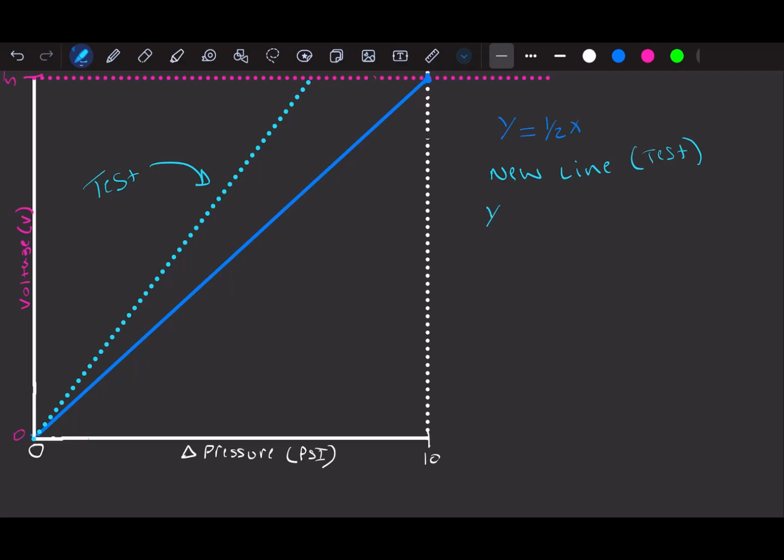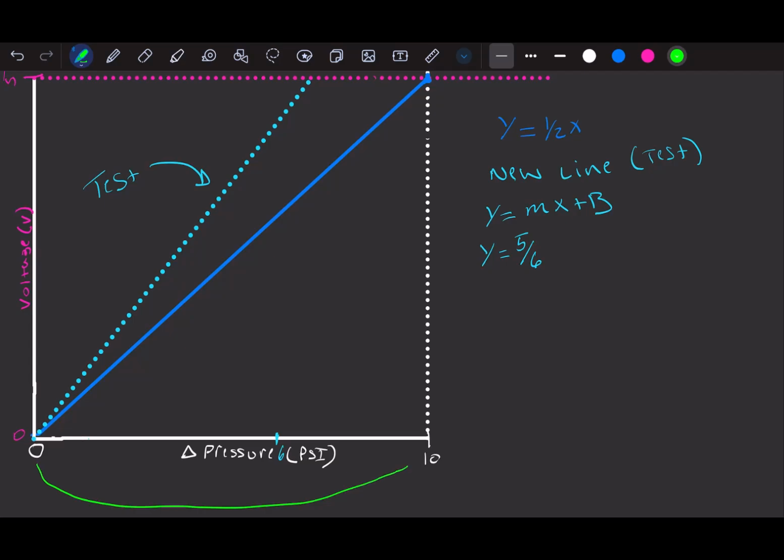In this case, again, it's still linear, so it's still y equals mx plus b. But let's just assume that this lands somewhere out here at about a pressure value of 6. So for our new line, we have y equals 5/6 x. And you will notice that this hasn't changed our span or our range.